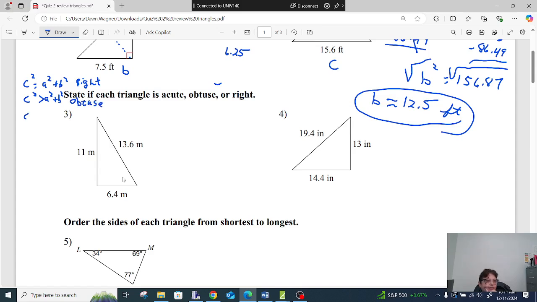If C squared is less than A squared plus B squared, it is acute. So we're going to call C the largest side, because I don't know if it's actually a right triangle or not until this is right. It's acute, obtuse, or right. Okay. So which is your largest side right here?